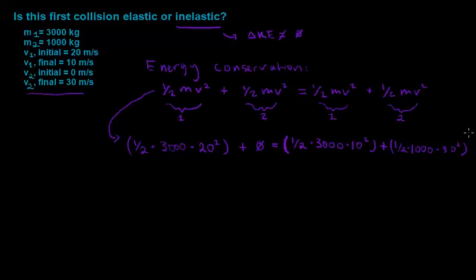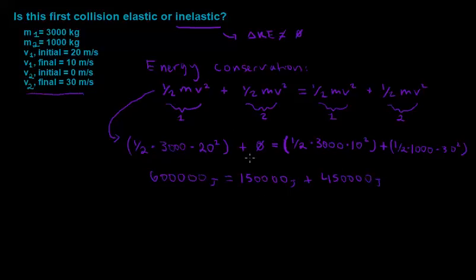We just have to calculate these out and see if they equal each other on both sides, and we get that the kinetic energy for rock 1 initially is 600,000 joules, which will equal the final kinetic energy of rock 1, which is 150,000 joules, plus the final kinetic energy of rock 2, which is 450,000 joules.